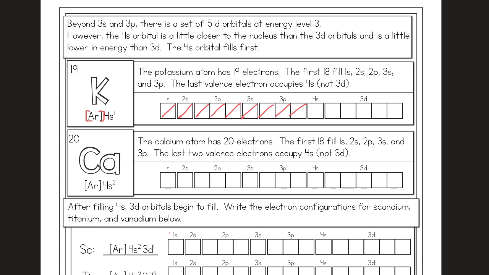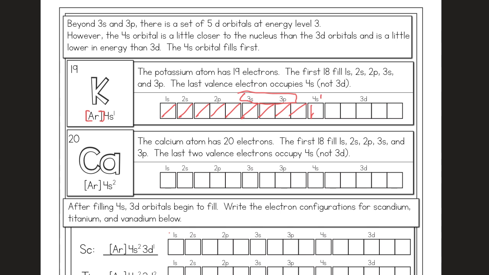So it's got a completely filled outer third energy level, and so it's a noble gas. It doesn't want to react with anything. So once I've got argon's electron configuration down, now all I have to do is add one more electron because potassium is atomic number 19. So I have 1 electron left, and it's right there, 4s1.